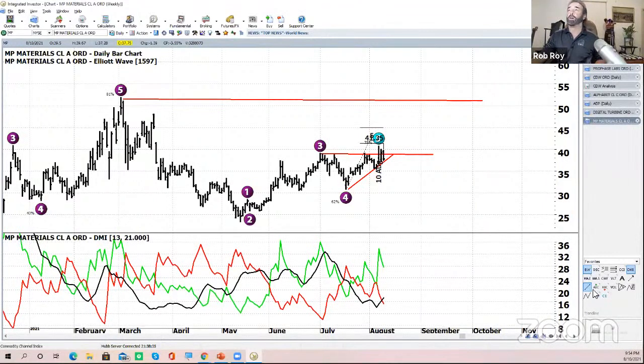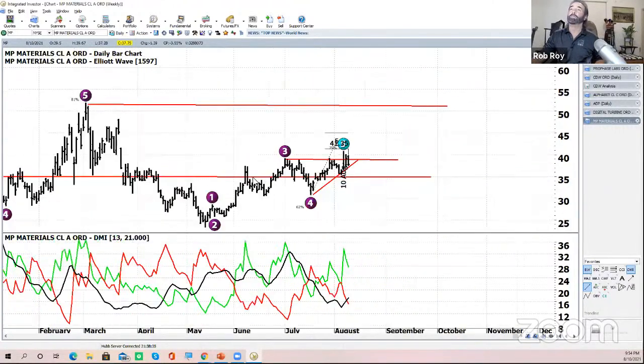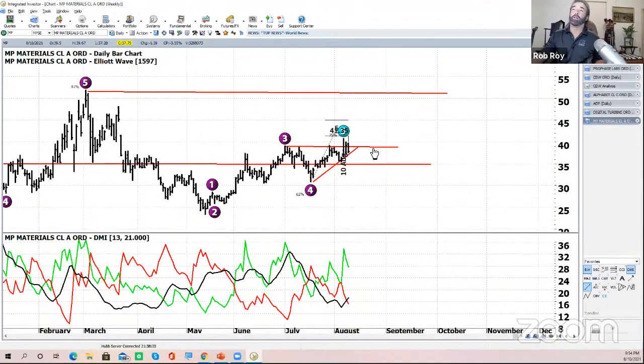As far as support, it's there at 35. You can see all the way back here, a major point of support resistance going back to the very beginning of the year. So 35 needs to hold, and I'd look for the ADX to break above 20 for it to move to the upside from there, but it looks pretty good.